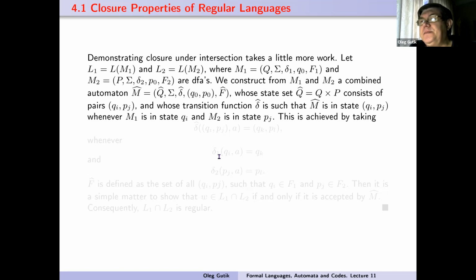This is achieved by taking delta hat of the state Qi, Pj on the symbol A equal to Qk, Pl, whenever delta 1 of Qi, A is equal to Qk, and delta 2 of Pj, A is equal to Pl.